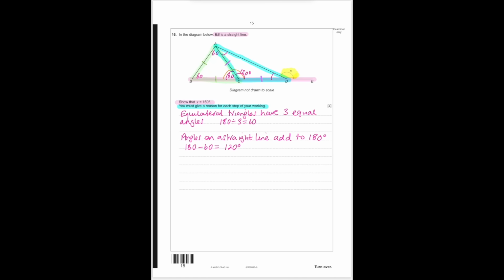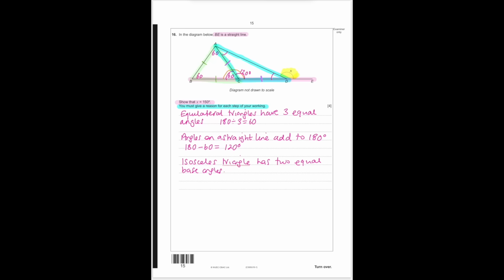So I'm going to write that down. Isosceles triangle has 2 equal base angles. Or you can just say base angles in an isosceles triangle are equal. However you word that, guys, the important thing is you get the word isosceles and you get the word base angles and you get the words equal.